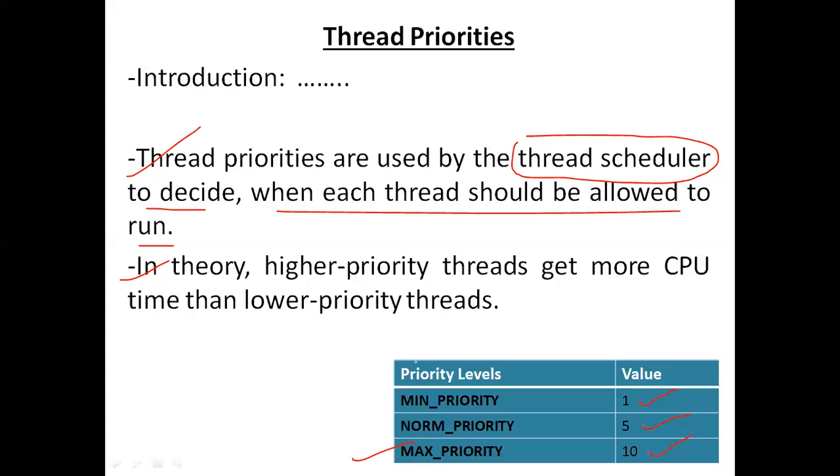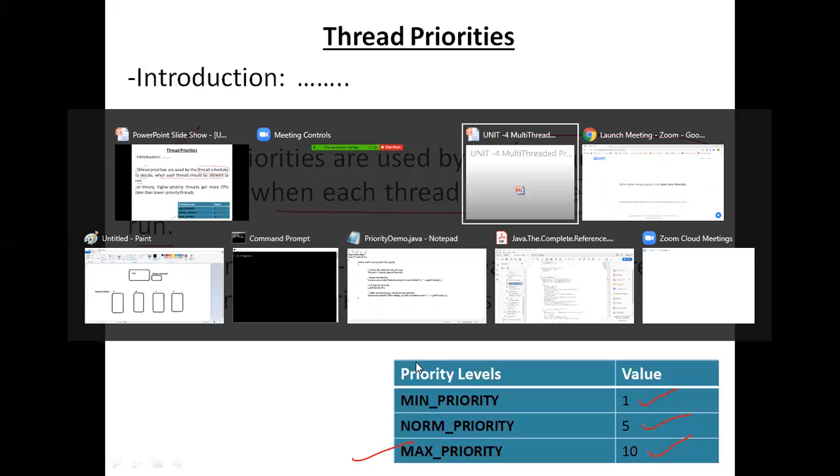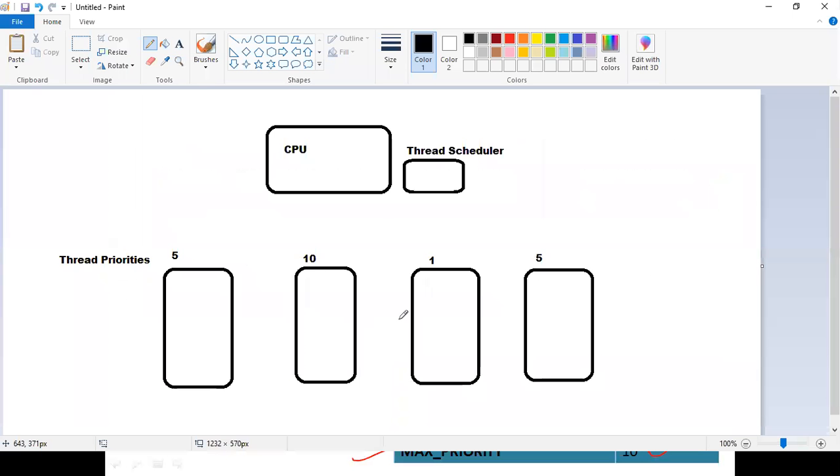Let's understand it in a better way. Take this example. This is a CPU, and I told you the thread scheduler is a small software which is going to decide which thread has to be executed first, which one next, and so on. The thread scheduler decides which thread has to execute at this point of time.